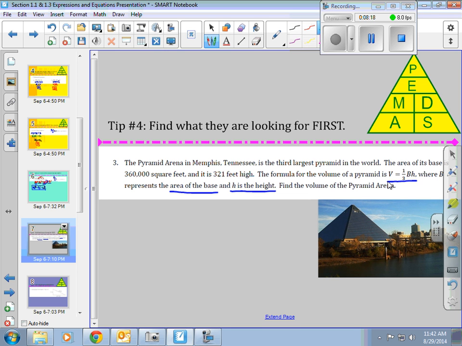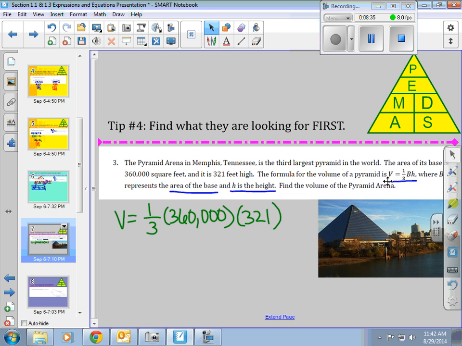So my volume is equal to 1/3 capital B, or the area of my base. Well, they told me the area of the base is 360,000 square feet times the height, and they said the height was 321. So this is all just multiplying, so you can type it in on your calculator, or we can just go ahead and work our way through it. So 1/3 of 360,000 is 120,000, and then we have to multiply that by 321.